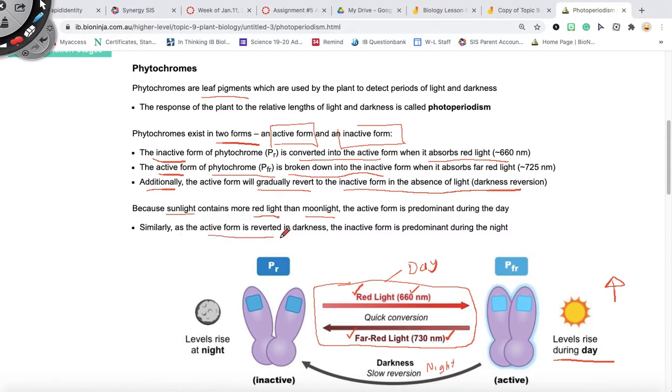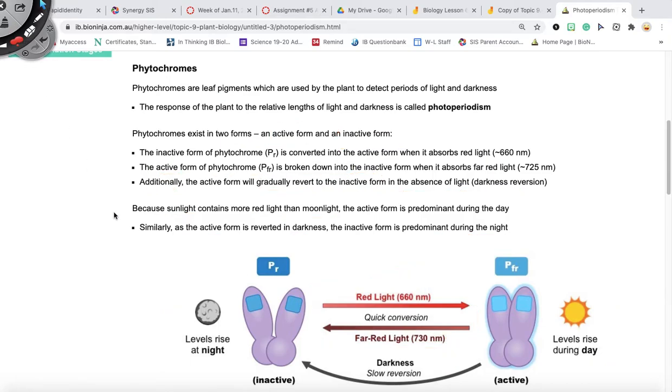As the active form is reverted in darkness, the inactive form is predominant, so we see high levels of the inactive form during the nighttime. So high levels of PR at night, or low levels of PFR at night, or high levels of PFR during the day.